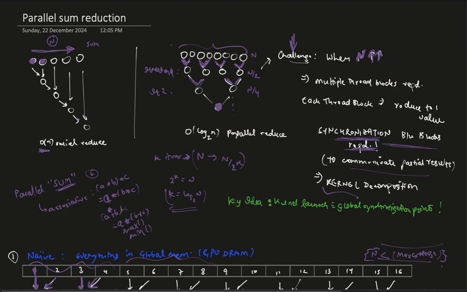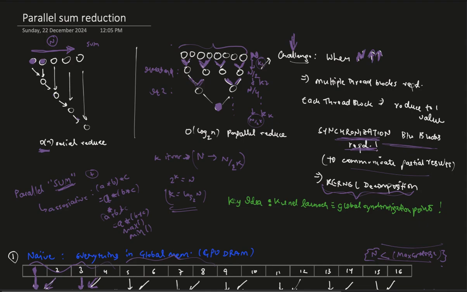So this is where we need to use kernel decomposition. By kernel decomposition, I mean, let's say we have n elements here. The first kernel reduces from n to n by 2 elements. The second kernel reduces from n by 2 elements to n by 4 elements, and similarly, the kth kernel finally reduces to one element, which is our answer.